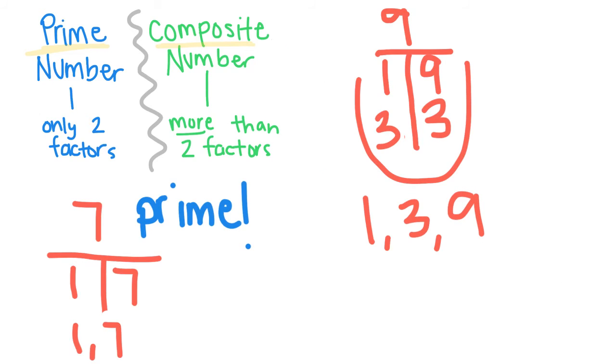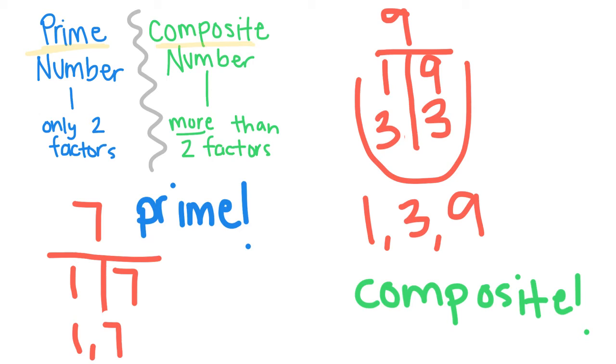So let's look at our definition. Does 9 have only two factors? No, it has 1, 2, 3 factors. So it has more than two factors. So that tells me that 9 is composite. That's it.